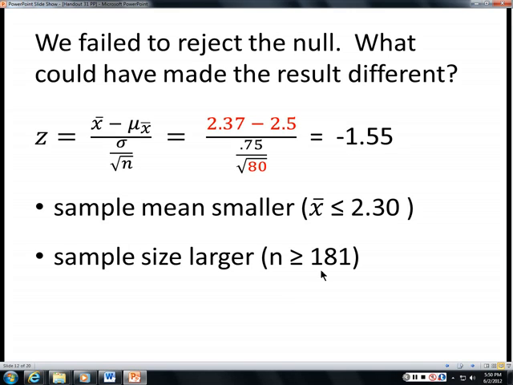In fact, I can tell you that if the sample mean had been anything from 2.3 or below, or if the sample mean had still been 2.37, but the sample size had been at least 181, well, then this test statistic would have been small enough that the p-value would have been less than 1%. Or in other words, this would have been something like negative 2.3 something. And that would have been small enough so that the p-value would have been less than 1%.